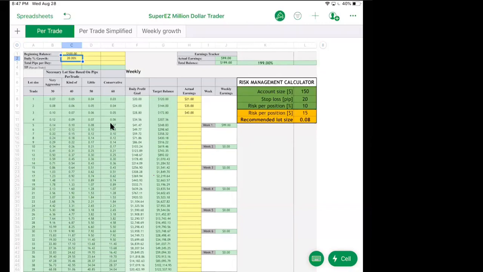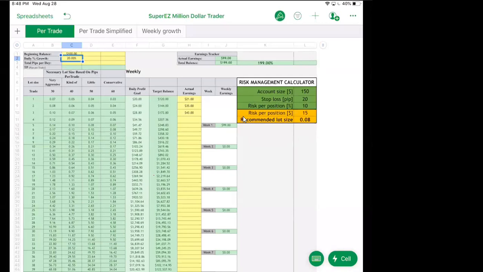Because if you had a 2,000 to 1 leverage account, the daily goal for the pips that we're getting, I'm thinking it will be double. It will be $40 versus $20 on a 2,000 to 1 leverage account versus a 1,000 to 1 leverage account. Or maybe I'm just not understanding.